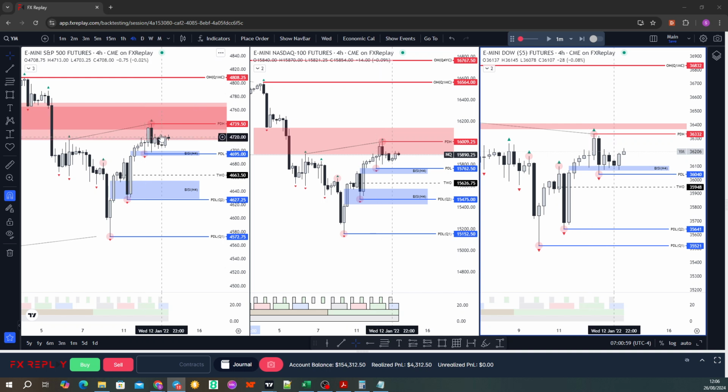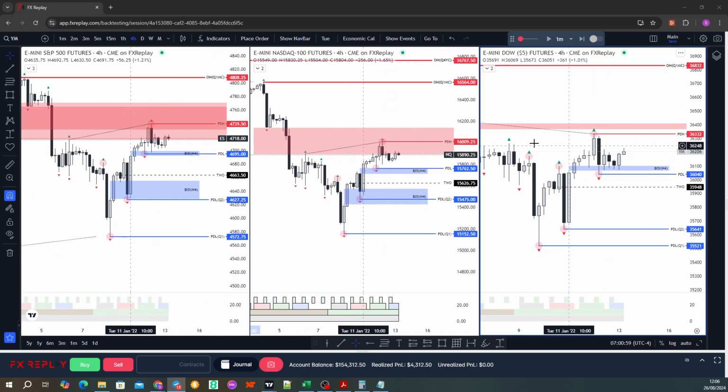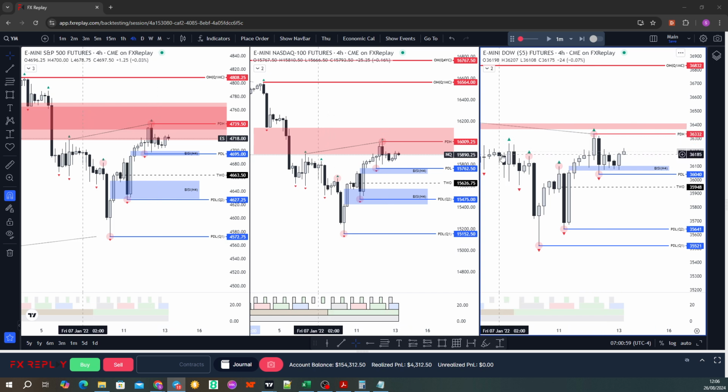We do have this order block responsible for running out this liquidity pool here, and we've got real short-term liquidity there. And we've also run out this liquidity here, so quite possibly, although I would like to see previous day's high get taken. So anyway, that's our view, that's the plan.